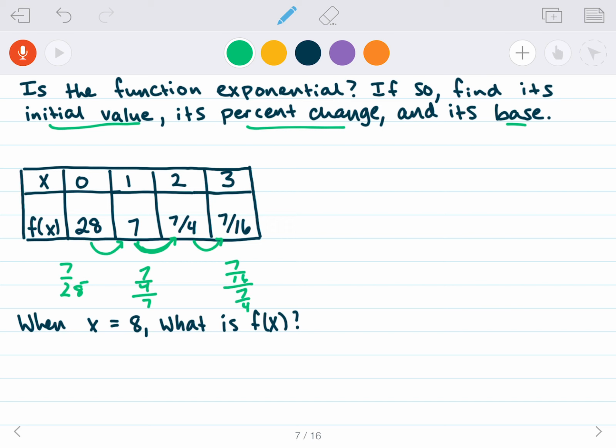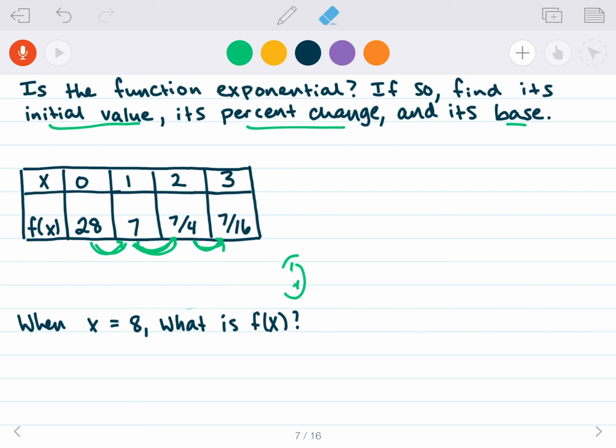If you calculate all of these, you can do it however you want in Desmos or by hand, you're going to get 1 over 4 for each of these. So to get from 28 to 7, you have to multiply by 1 over 4. To get from 7 to 7 over 4, you multiply by 1 over 4. And to get from 7 over 4 to 7 over 16, you multiply by 1 over 4. So that's our constant multiplier.